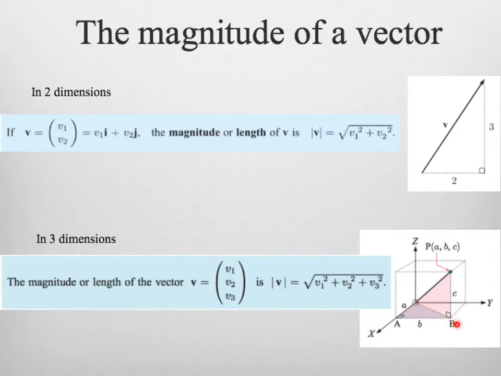To find this, I have to find the square root of a squared plus b squared, and so this squared plus that squared, and then you take the square root of that to get the magnitude. Okay, so that's how you'd end up with v1 squared plus v2 squared plus v3 squared, which is kind of nice. All you have to do is you take that third value and square it.